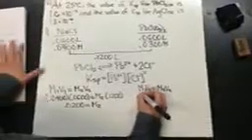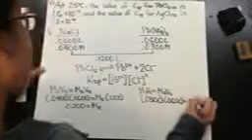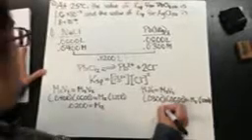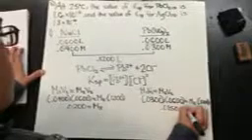And then when you solve for that, you get M2. And then if you do this one, you have times the new volume, and then you get this value for M2. And then you can use this KSP expression to find Q.